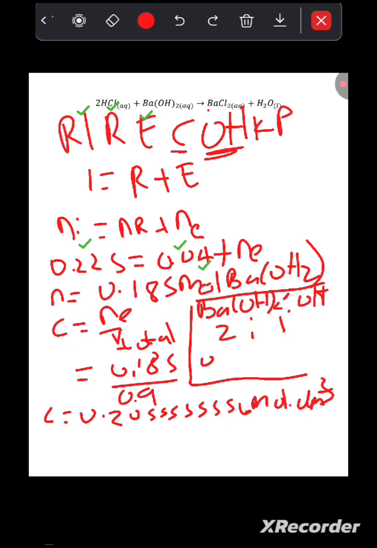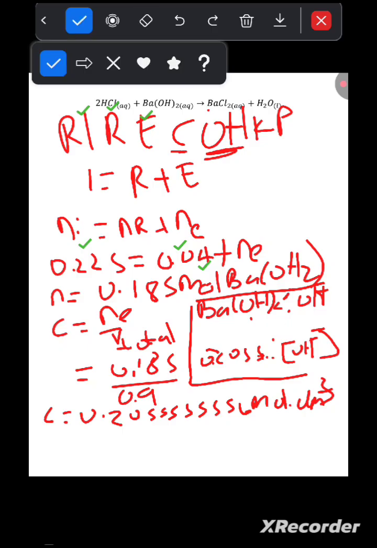And the concentration was 0.2055555 recurring. You continue writing it, it's just that here I don't have space. Then the concentration of hydroxide, you're going to cross multiply here. Sorry, the ratio here is not correct.